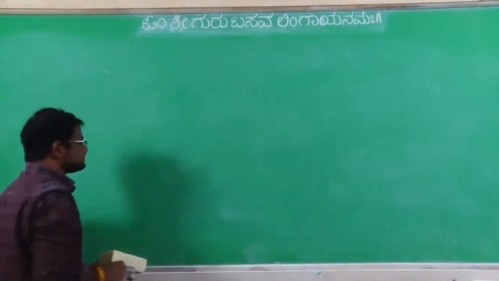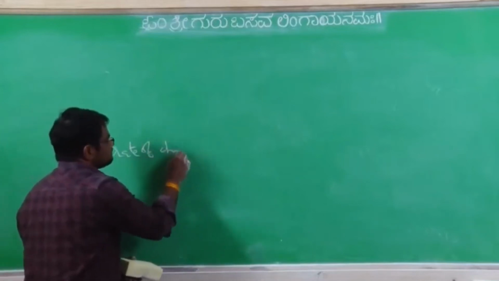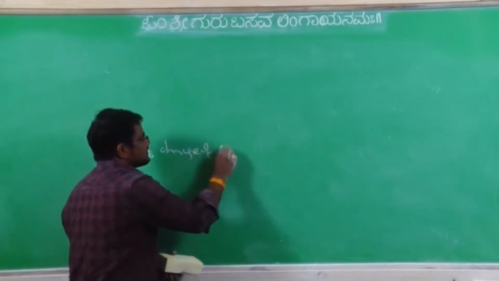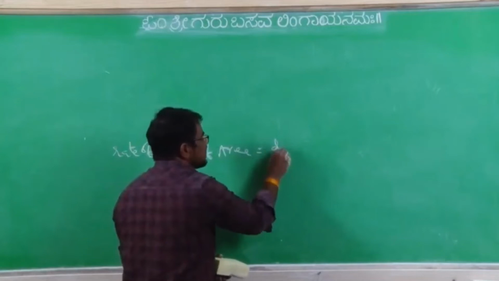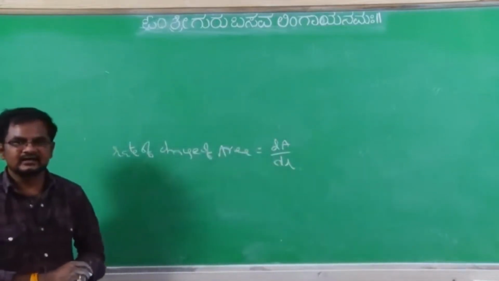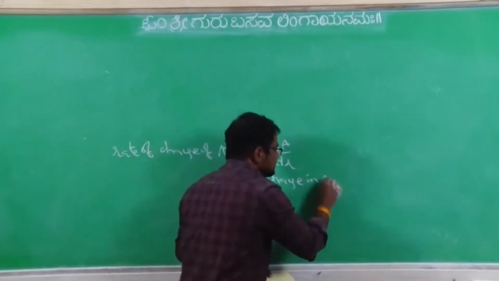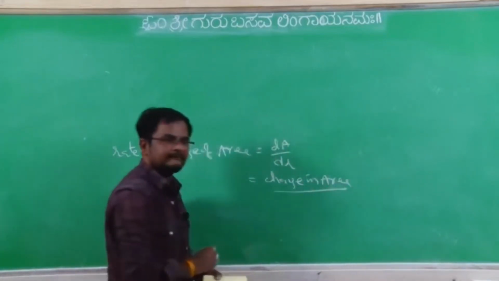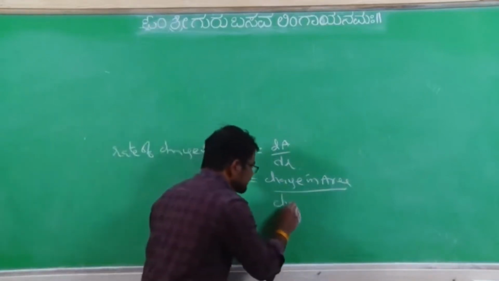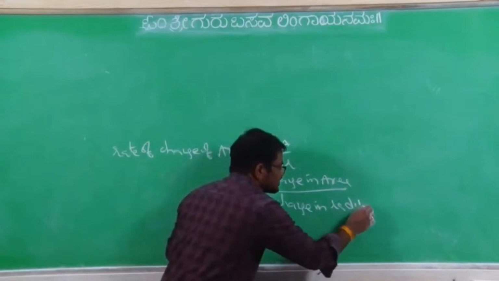Means nothing but the rate of change of area of the circle. dA by dr is nothing but the change in area divided by the change in radius.